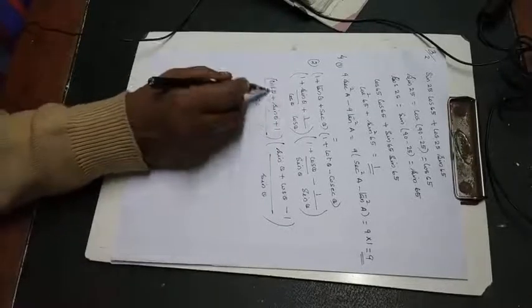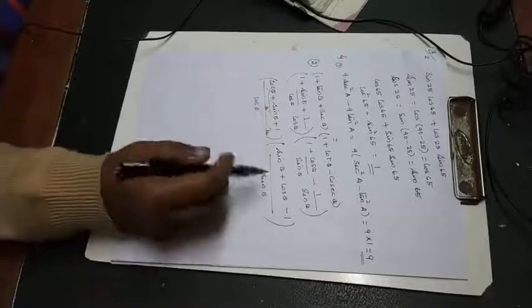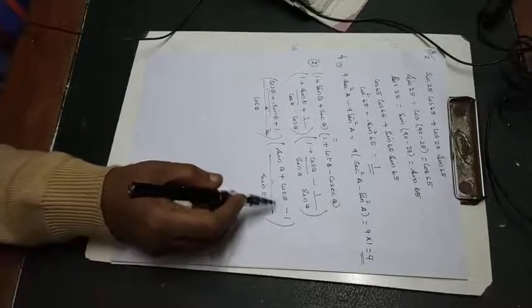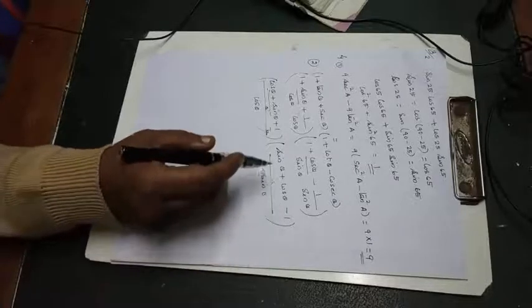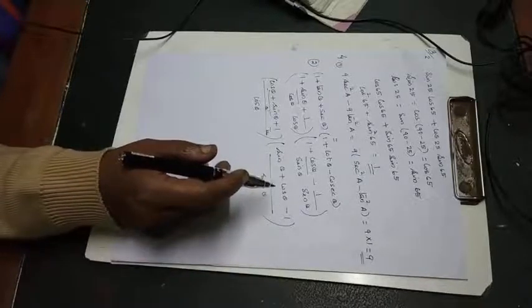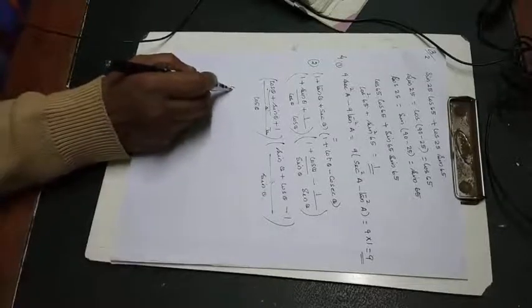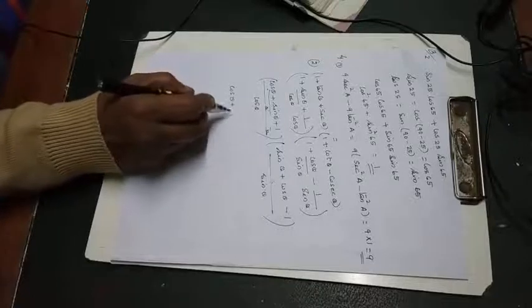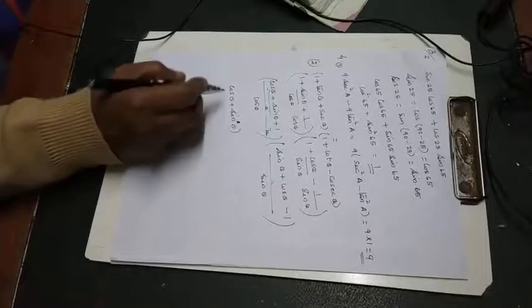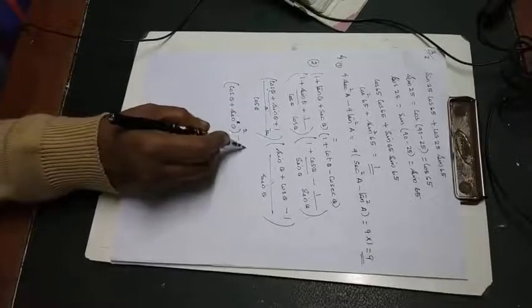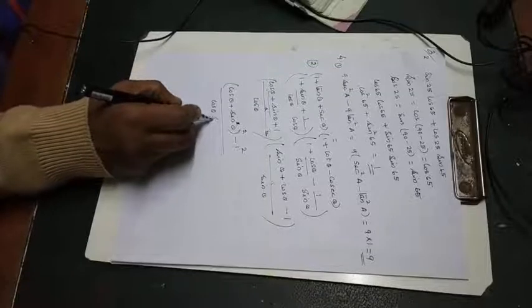So you will get this one A and this one B. So you are getting A plus B and A minus B. So what is A plus B into A minus B? A square minus B square. So you will get cos theta plus sin theta the whole square minus 1 square by cos theta sin theta.